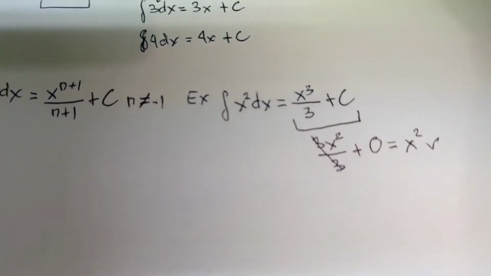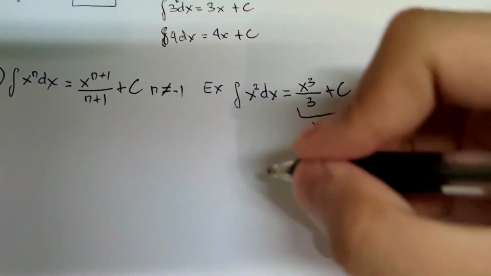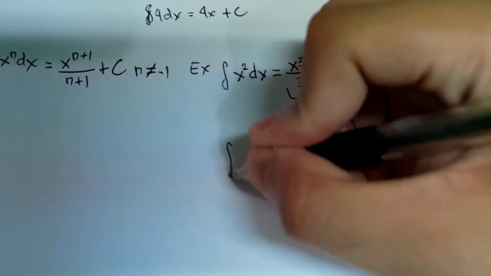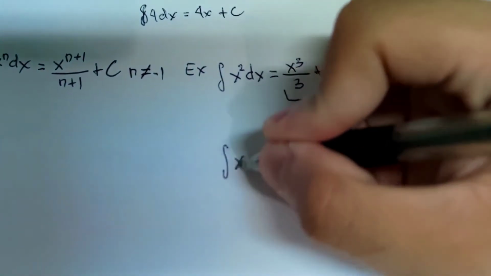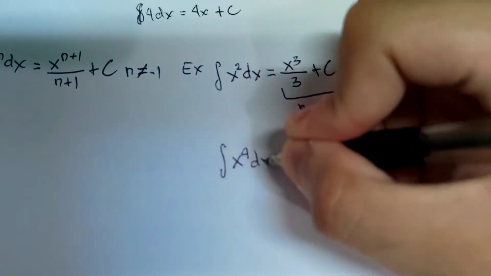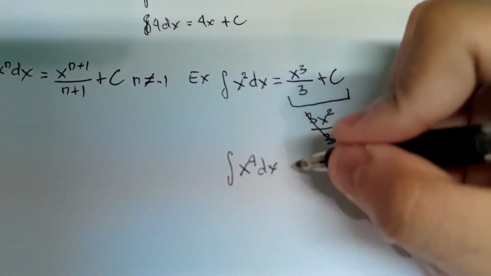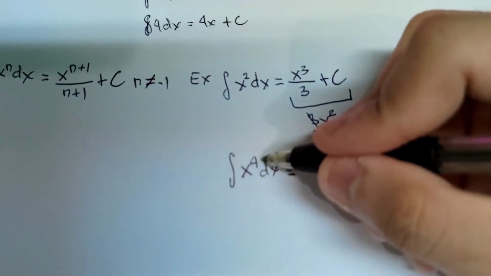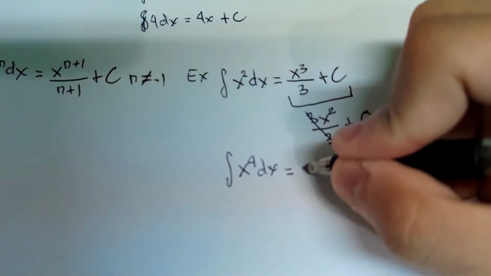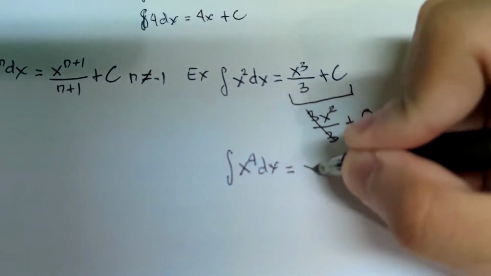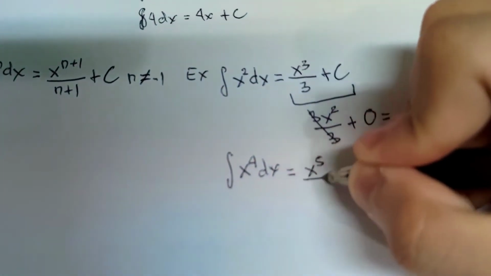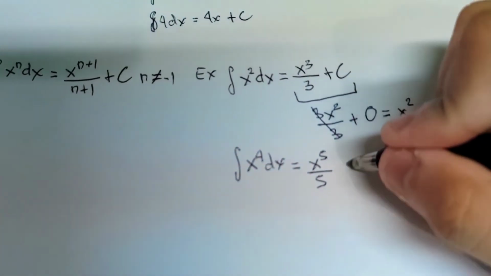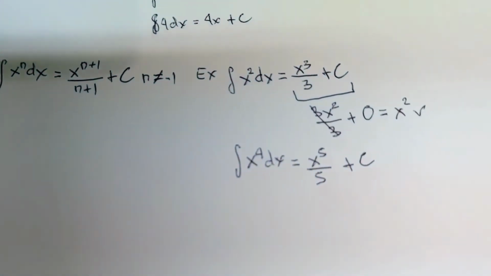So another one, we have the integral of x to the 4 dx, which is equal to, let's add 1 again to the exponent, x raised to 5 over 5 plus c.